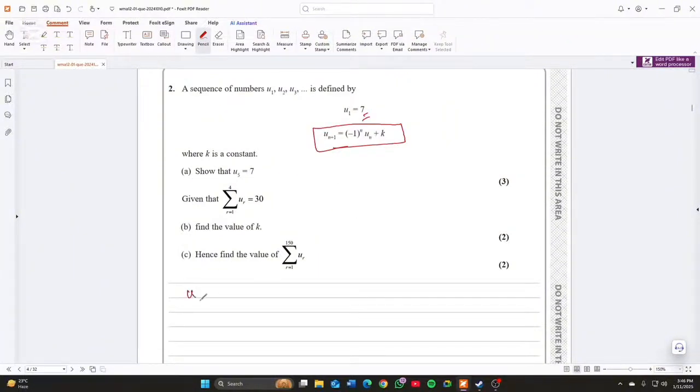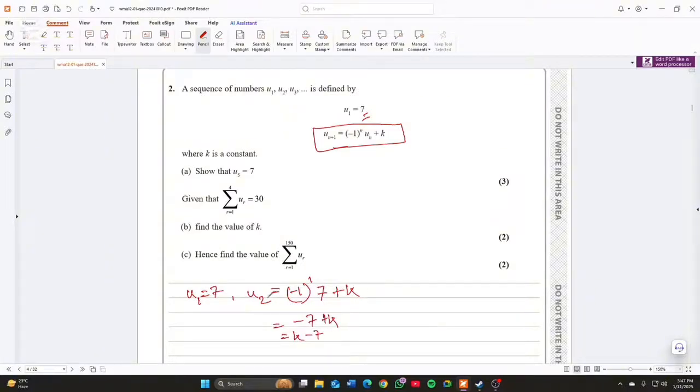So we know that u1 equals 7. Therefore u2 would be, since it is n plus 1, minus 1 to the power what? n was 1, right? So minus 1 times un, which was 7, plus k. That would be minus 7 plus k, or we can write it as k minus 7.